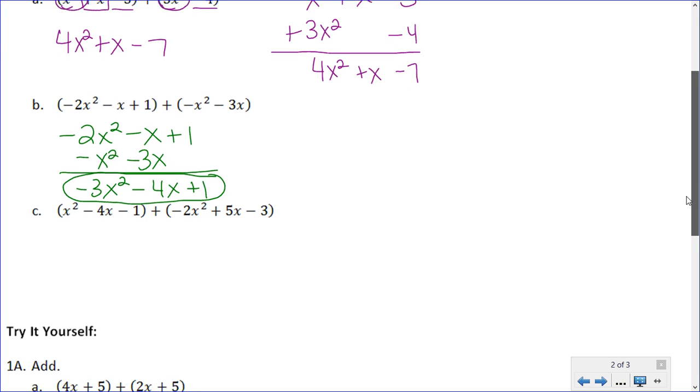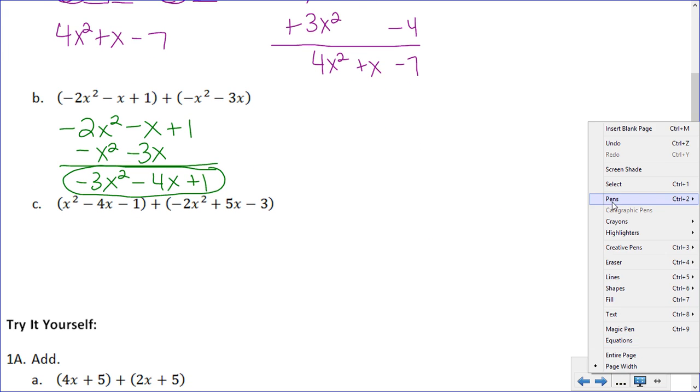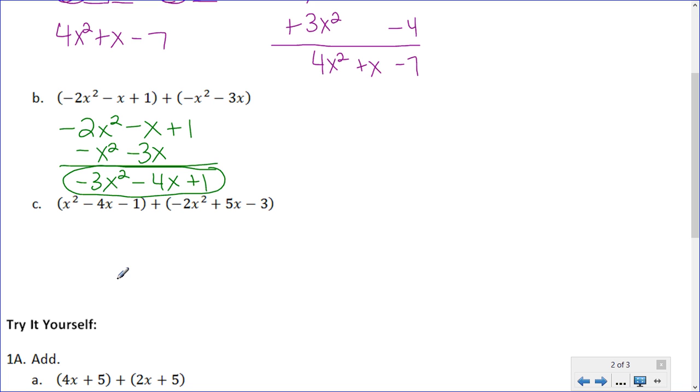Okay. And one more. So this time we'll just combine like terms so that you've seen both ways to do this and you can choose which one you prefer. So here, when we combine like terms, we have the biggest power is x squared, and we can add to it a negative 2x squared. So 1 and negative 2 is negative 1x squared, or just negative x squared.